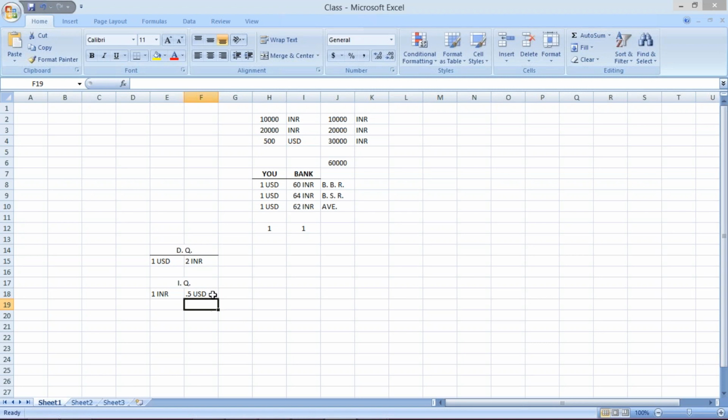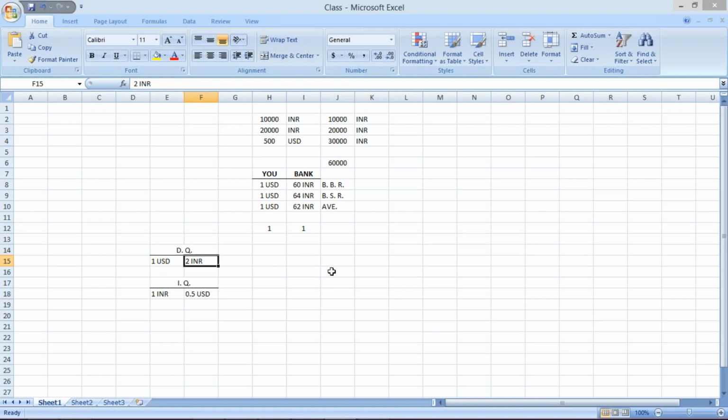It means half USD, right? So 0.5 USD. This is called indirect quotation. Either you can maintain value like this, or we can maintain value like this.